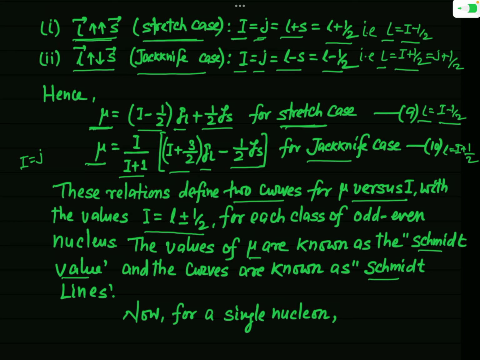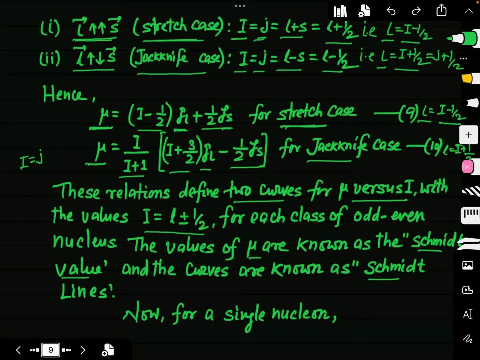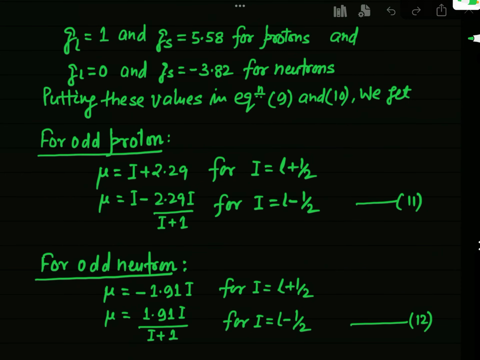Now, what are the values of these g factors, GL and GS? In fact, the values of GL and GS for a single nucleon have been found experimentally, and you have to remember these values.